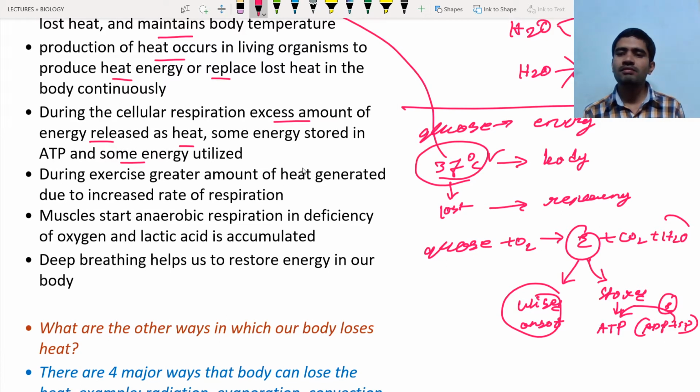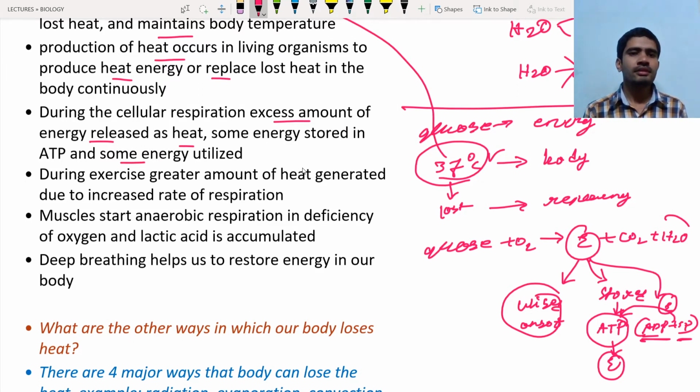From where is the energy obtained? During cellular respiration. This energy is utilized for the conversion of ADP molecules into ATP molecules. When your cells need energy, the ATP molecules are broken down to produce energy, and you get ADP plus inorganic phosphate.